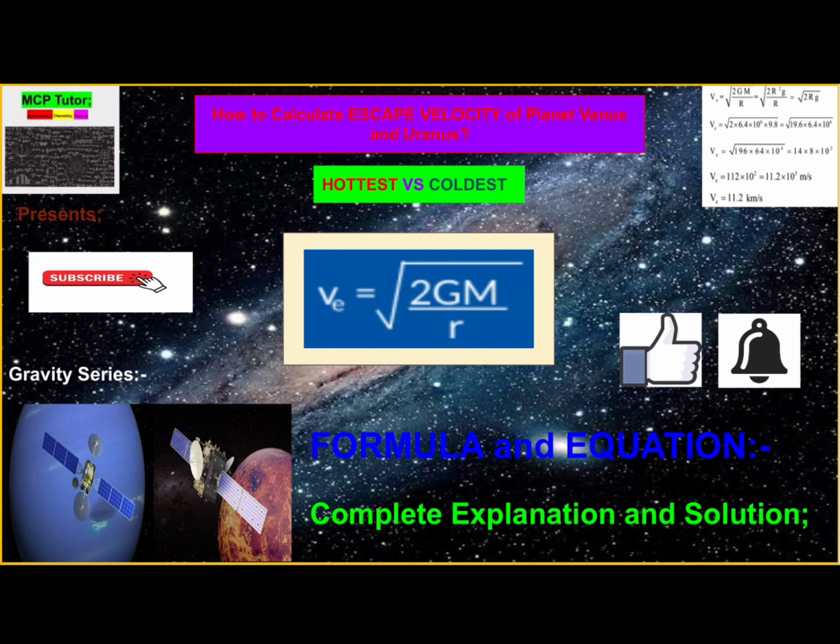Today we'll also be calculating the escape velocity of two planets, namely Venus and Uranus. I have chosen these two because Venus is the hottest planet in our solar system and Uranus is the coldest planet of our solar system. So it may be a good contrast and also a new and innovative idea and calculation to do in your homes.